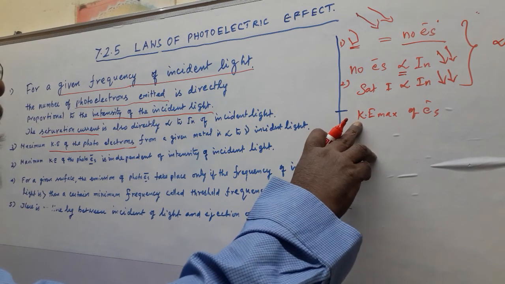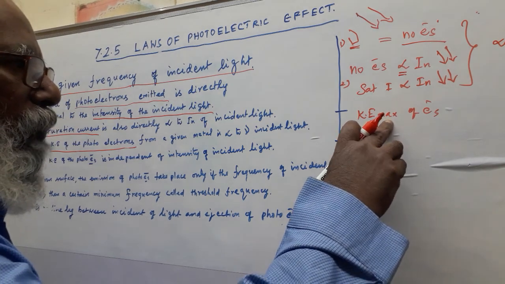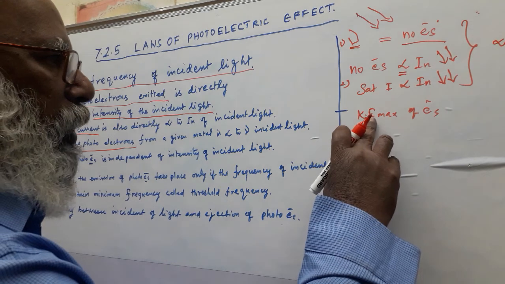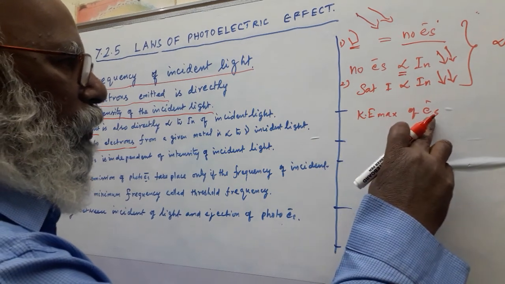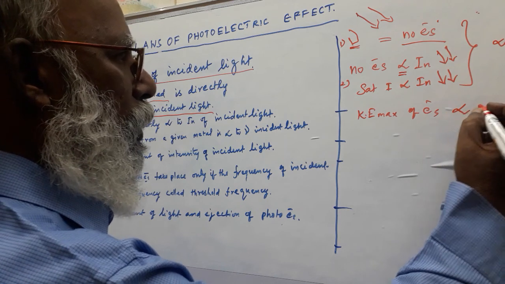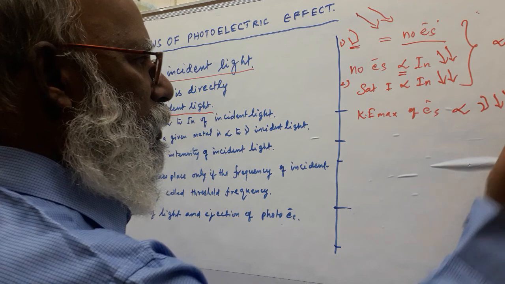So the maximum kinetic energy of photoelectrons is directly proportional to the frequency of the incident light. This is the second law.